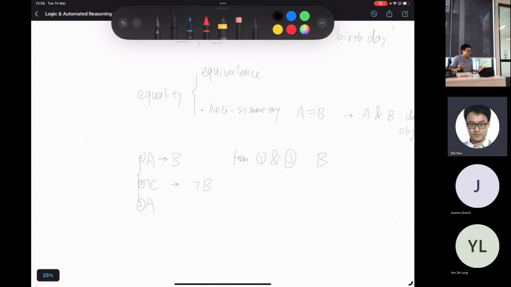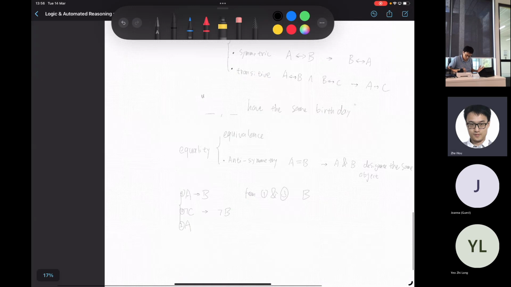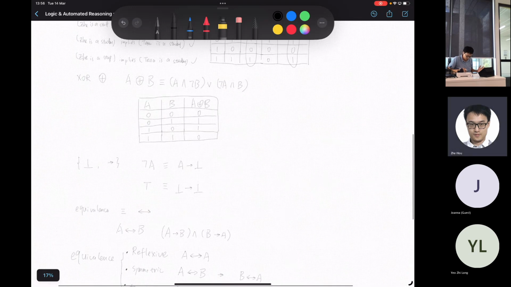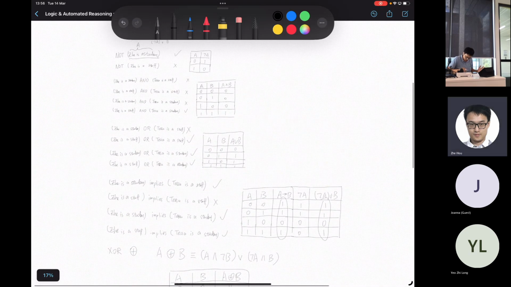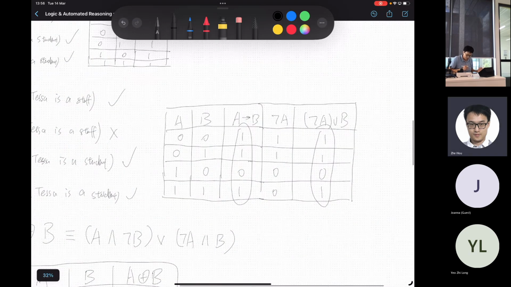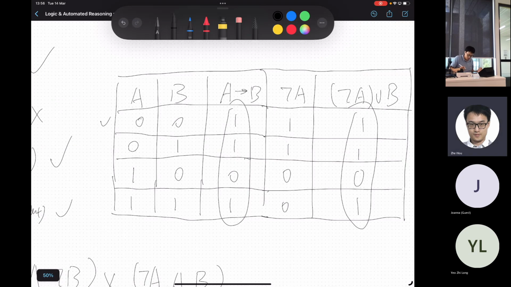That's what implication means. If you are not convinced, we can look at the truth table that we drew earlier today. We know that A implies B is true. That means it's either the first row, the second row, or the last row.